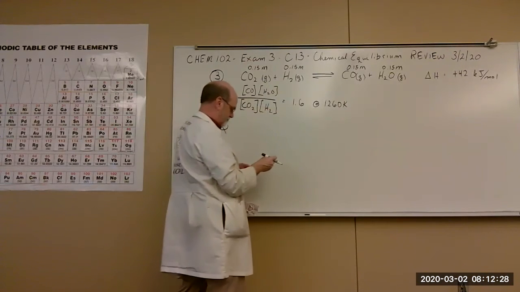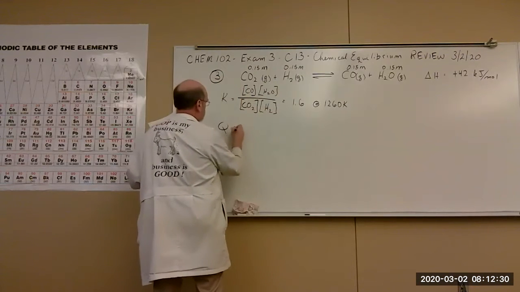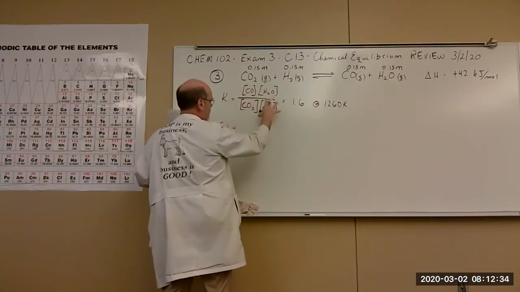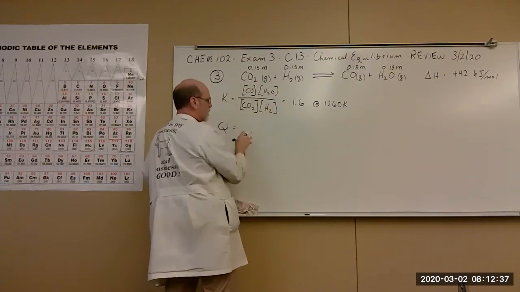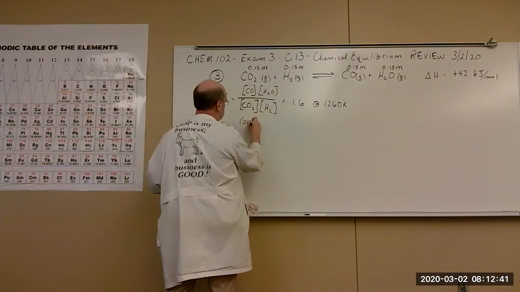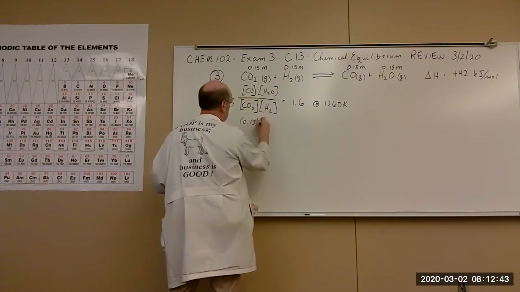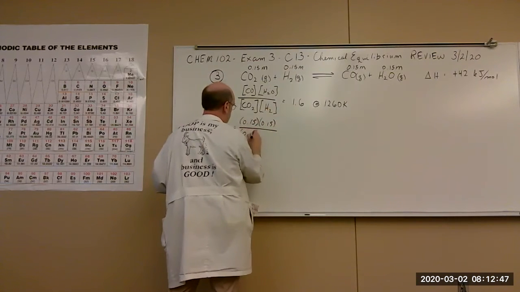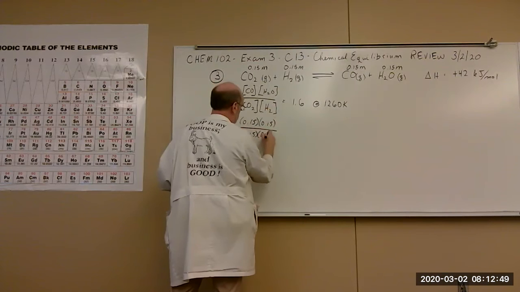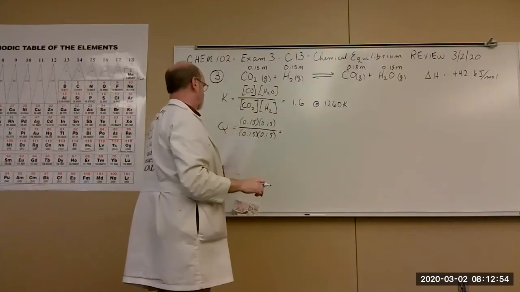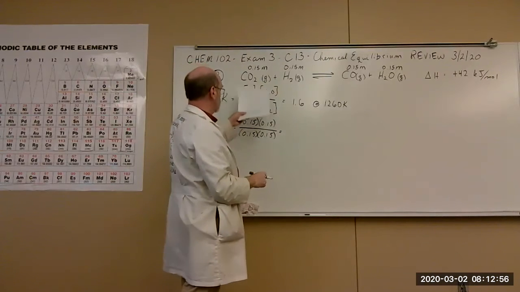All right. Okay. So the Q is the same format as these guys, only we put in values that are not equilibrium values. So each one is, right, because each one is the first power.